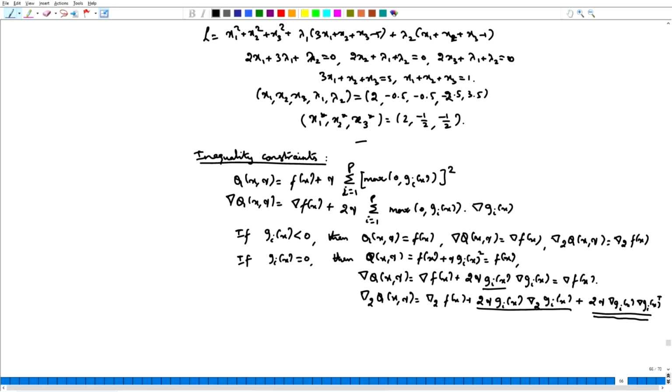So, if del gi of x del gi of x transpose is non-zero, then the Hessian of this particular expression q of x comma gamma does not exist. This is something that you need to remember.